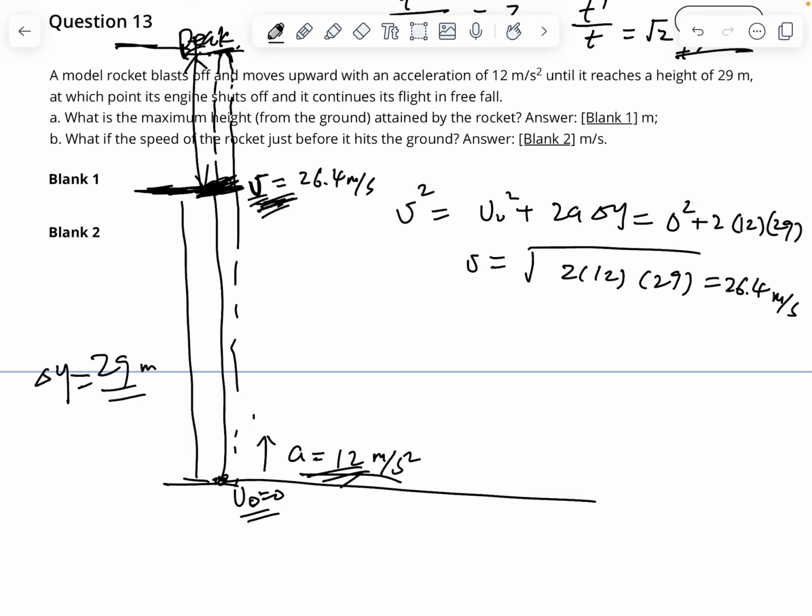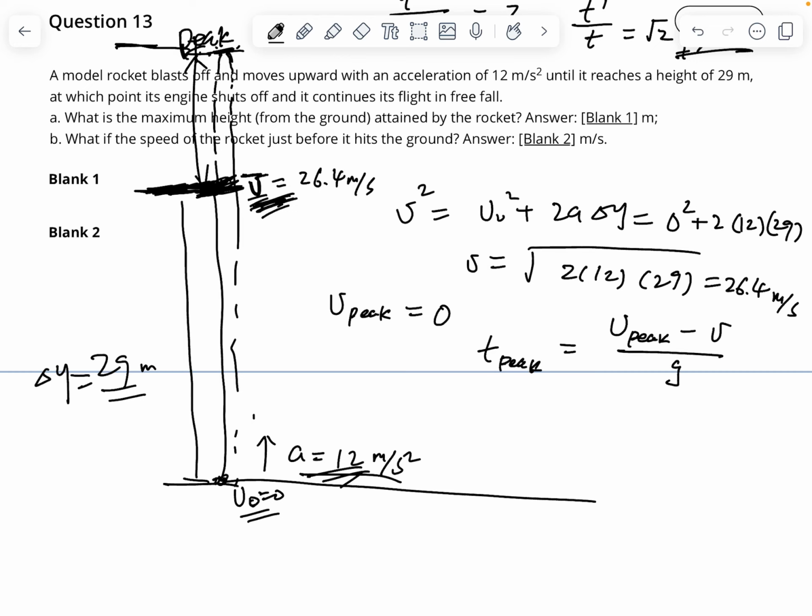Okay, at this point, when you reach this velocity, you turn the engine off. So this rocket will still keep going up. At the peak, the velocity is 0. Then you can calculate the time from this location to the peak. Time to peak equals final minus initial velocity, divided by g.